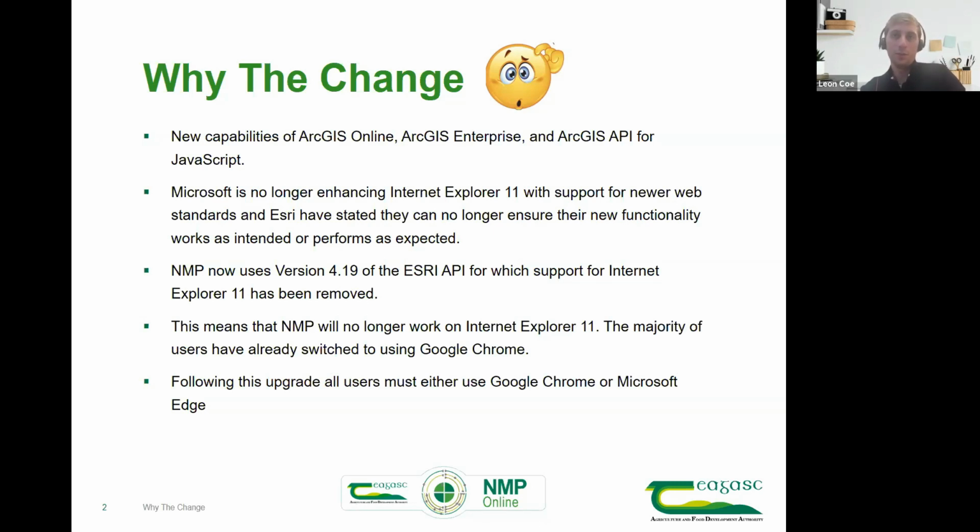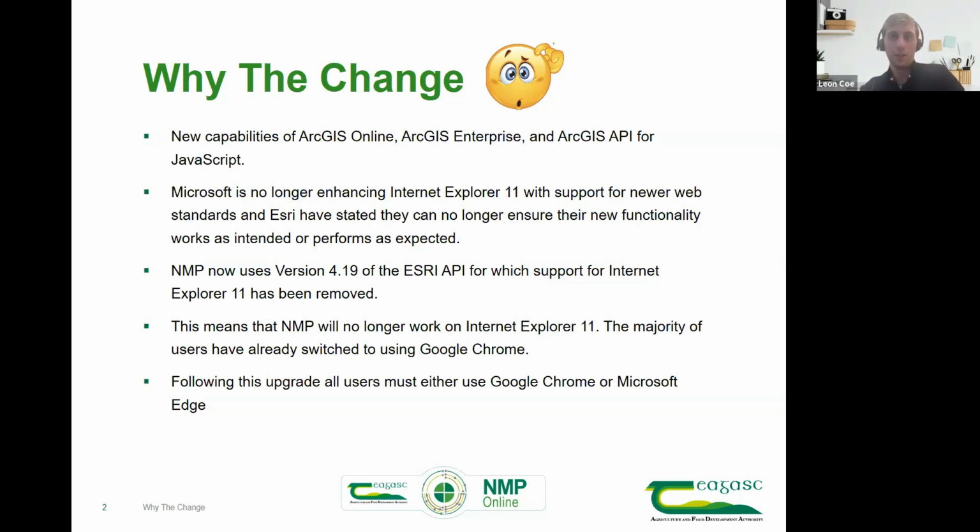So now the NMP uses version 4.19 of the Esri API, which support for Internet Explorer has been removed. So this means that the NMP will no longer work on Internet Explorer, and the majority of users have already switched to Google Chrome.